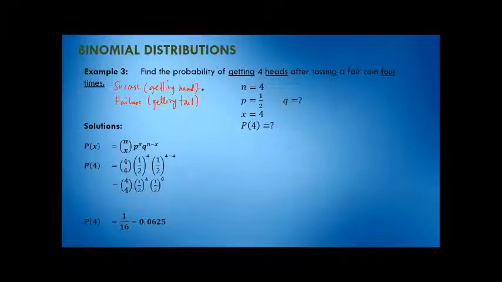So, we all know that the probability of getting head sa coin is 1/2. Okay? Kaya ang probability natin for success is 1/2 or P. Then, alam din natin na magiging failure dyan is also 1/2. So, ang sagot sa Q will be 1/2. Kasi we're talking about fair coin.